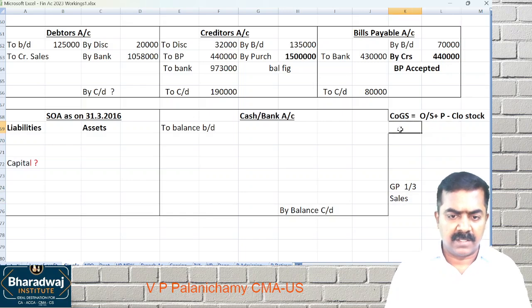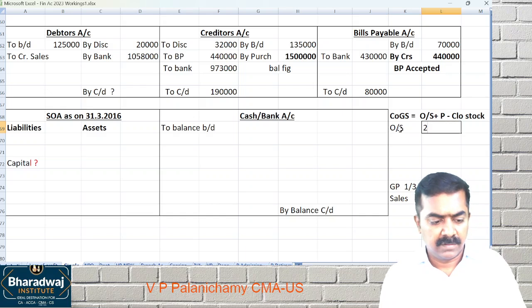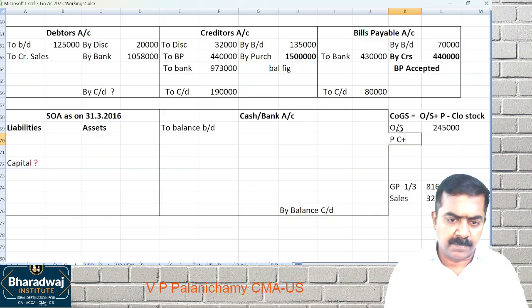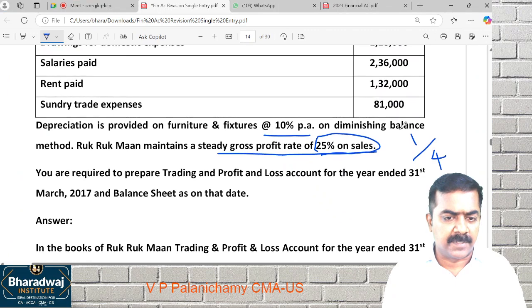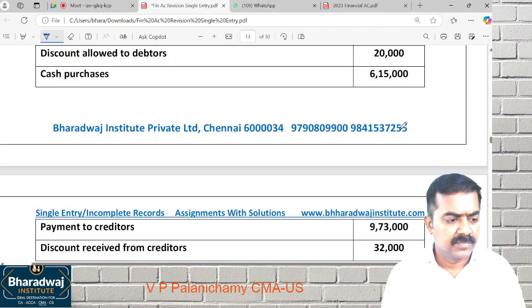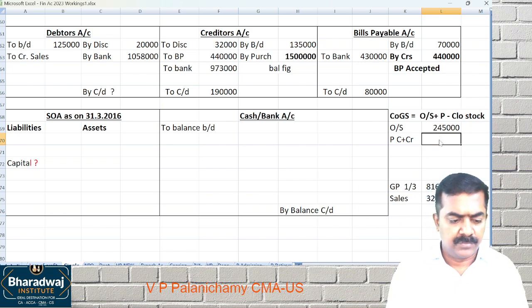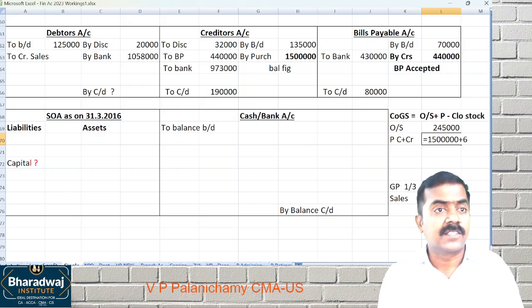What is opening stock? Purchases means cash purchases plus credit purchases. 15 lakh credit purchases plus cash purchases of 6 lakhs.